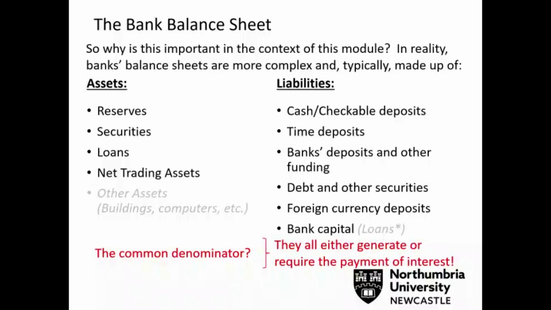We're not obviously going to explore too much about the other sorts of assets, such as the buildings and computers, but that is also relevant when it comes to the operational risk part within this module, because operational risk does include the likes of issues to the buildings and financial loss from, say, a natural disaster, and how we protect our financial institution from that with the likes of insurance and other operational risk policies.